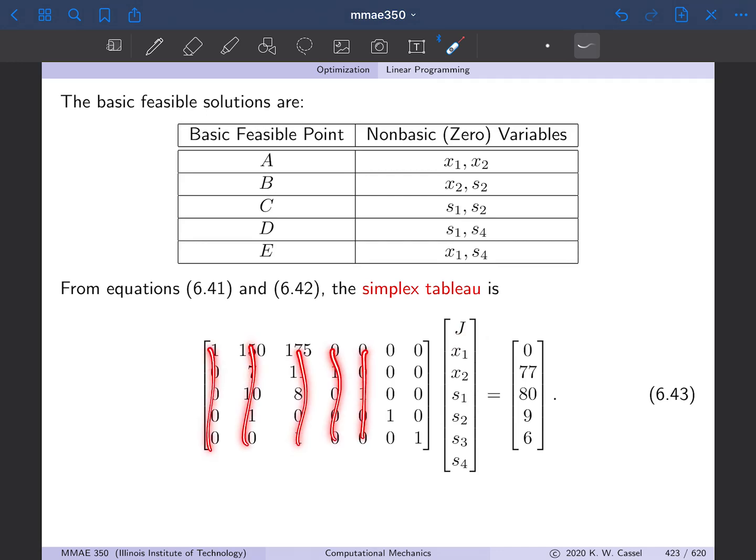So 1, 2, 3, 4, 5, 6, 7. So this is 5 by 7, which again corresponds to the fact that 2 of these variables have to be, well, not j, but 2 of these variables have to be 0. Does that make sense?